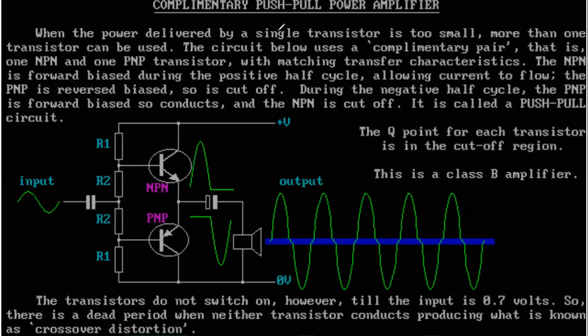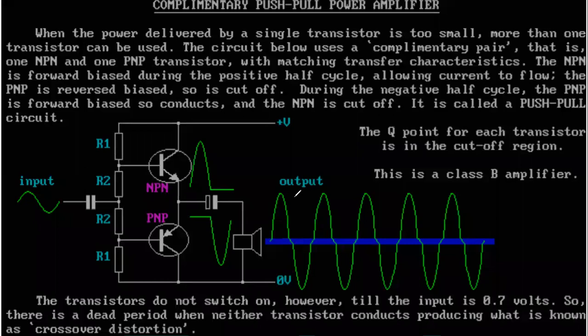Just read this one. When the power delivered by a single transistor is too small, more than one transistor can be used. In the class B amplification, complementary pairs, you have to use an NPN and a PNP transistor.